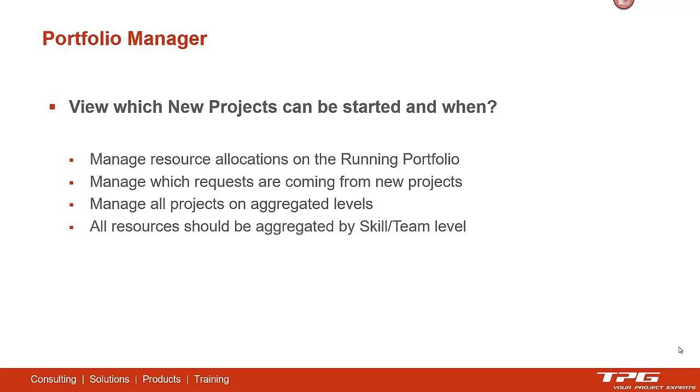He also does not want to see single persons in his portfolio. He wants to have this aggregated by skill or team, for instance, to prepare high-level decisions of what we can do in the company.